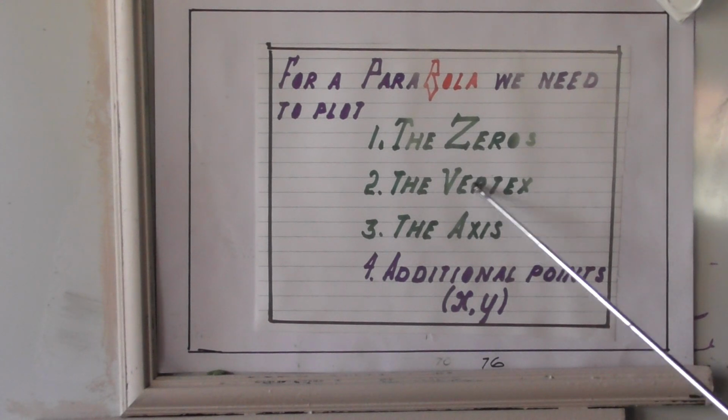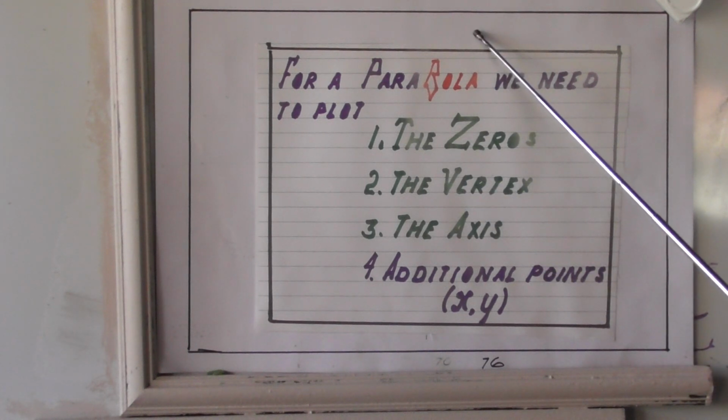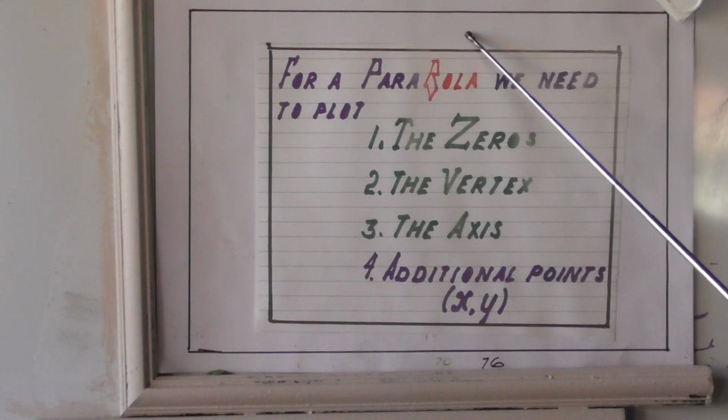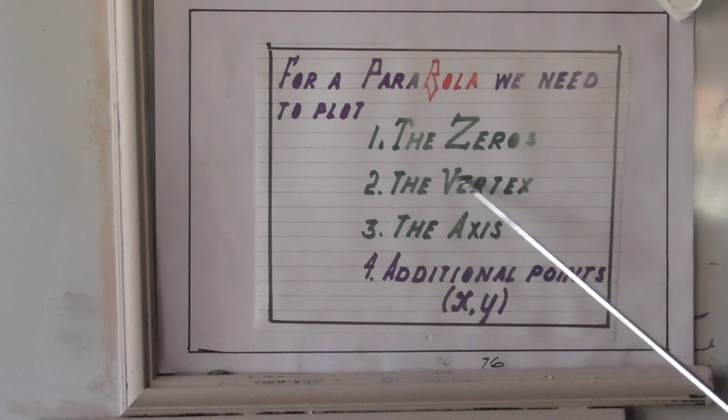We put that in the equation and we find the vertex, the highest or lowest point. So the point in between the two zeros is the axis, and we put that number in the parabola and then we find the y of the vertex.